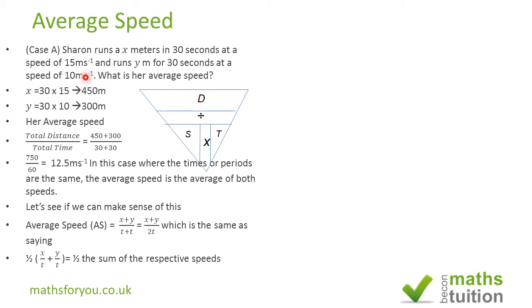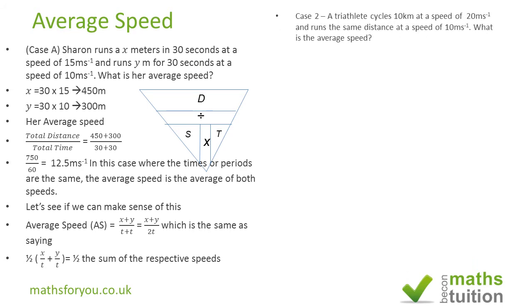So that's the second speed at 10 meters per second. So our average speed is a half into 15 plus 10. 15 plus 10 is 25, and half of that gives you 12.5, which is what we've got here. Please note that this only applies when the times are the same. When you've got different times, that's a different ball game altogether.